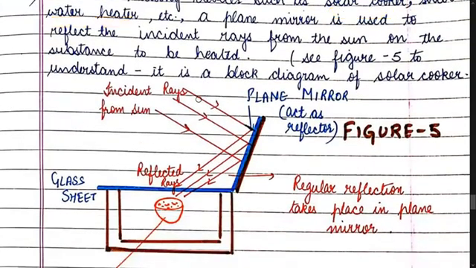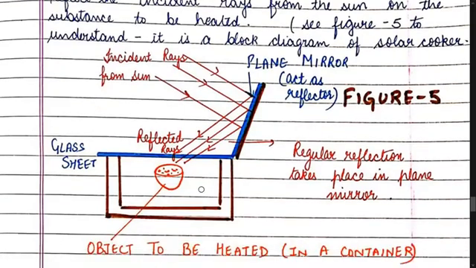So students, just for your understanding, see figure number 5. It is a block diagram of a solar cooker.